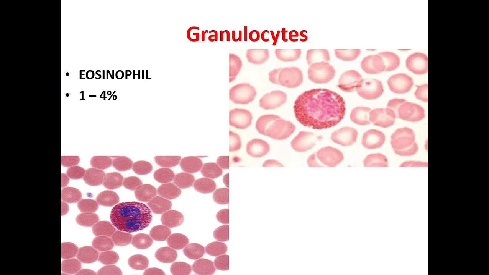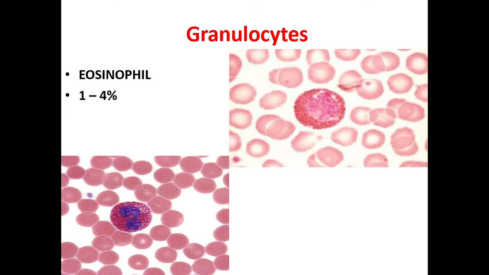The next cell is the eosinophil. They have affinity for the acidic stain or the eosin stain used in the staining of the blood smear. So eosinophil, affinity for the eosin stain or acidic stain.